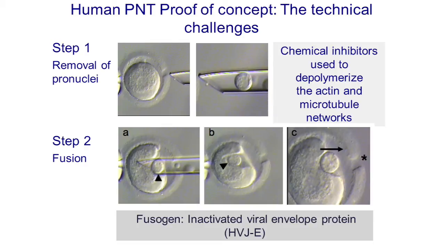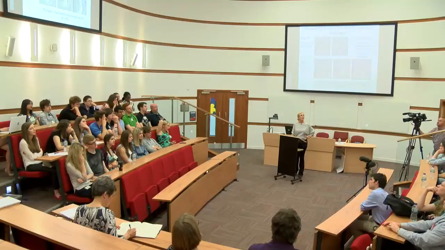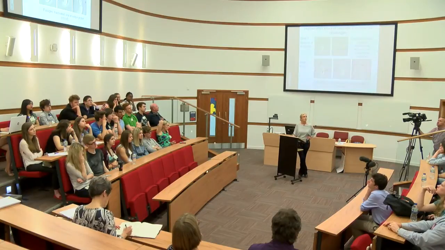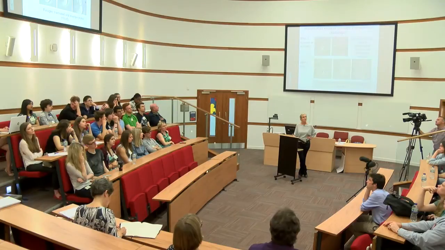Using this source, we were able to figure out ways of removing these pronuclei, which in the human are very large structures. Removal of the pronuclei involves the use of chemical inhibitors to depolymerize the actin and microtubule network. All of our cells have this cytoskeleton that gives them their shape and form, but in order to go in there and suck out that pronucleus, we need to disable that.